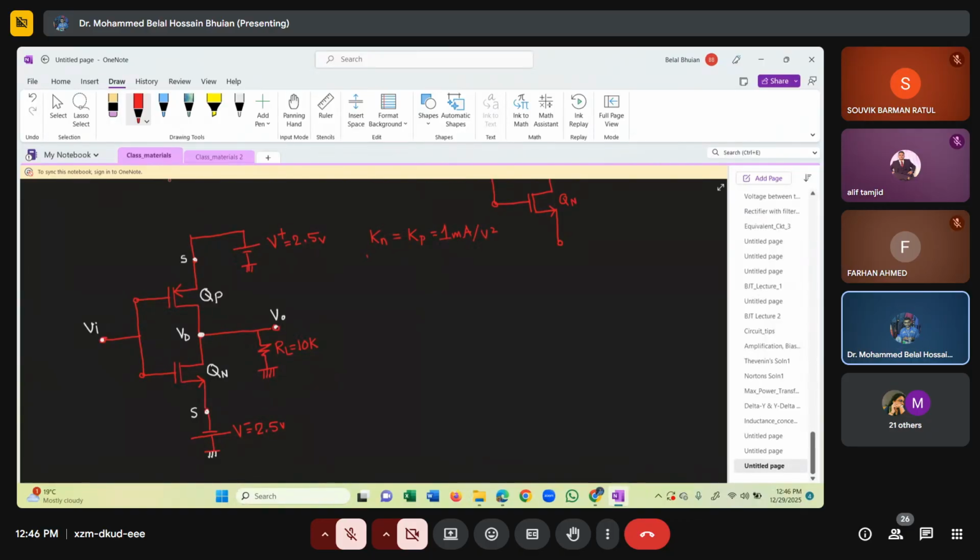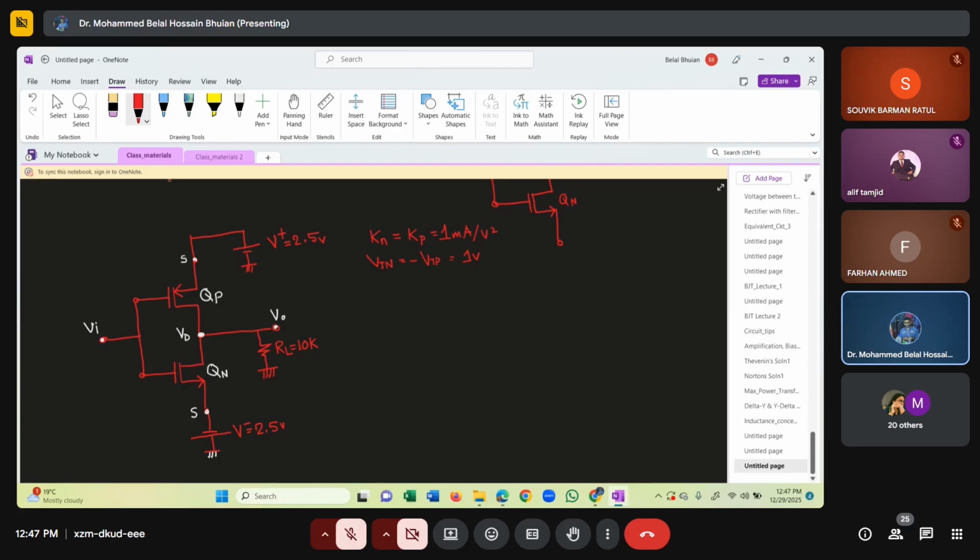Also, their threshold voltages are Vtn equals minus Vtp equals 1 volt. So the threshold voltages are also the same. They're absolutely matched. So these are the parameters for both the P channel MOSFET and the N channel MOSFET.